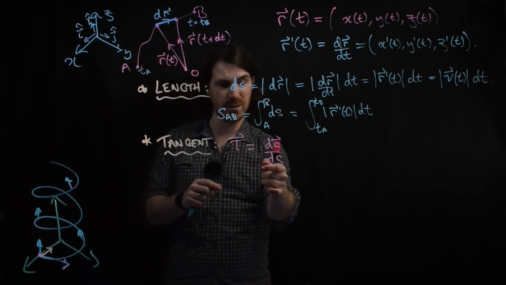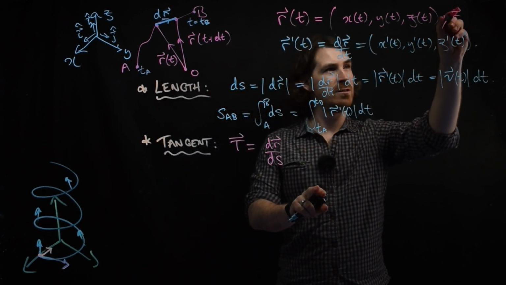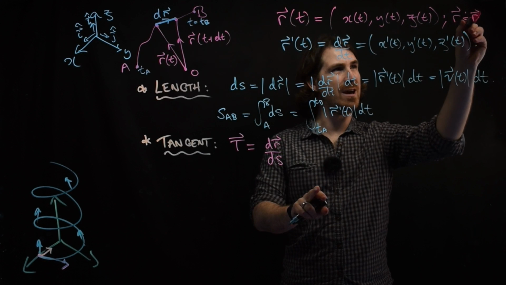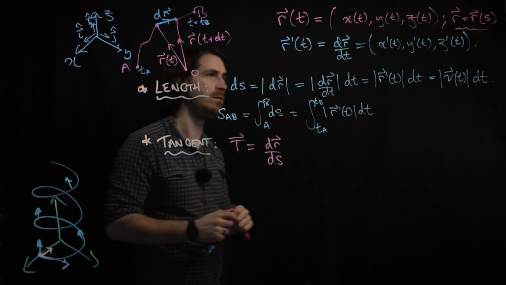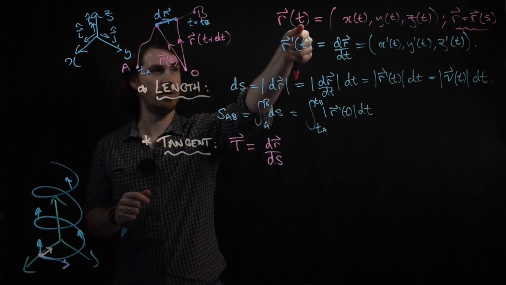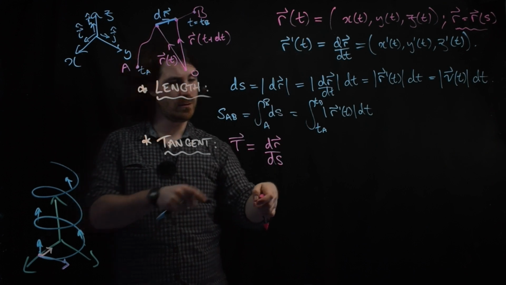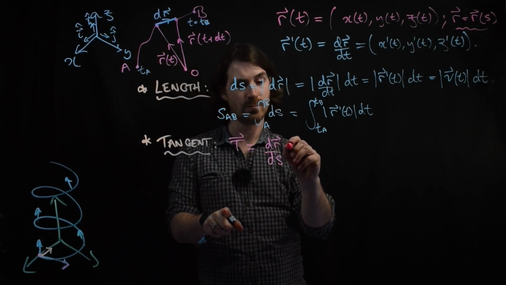But generally, we find it's quite difficult to get the curve parameterized in terms of this natural parameter, and typically we're just using the parameter t. So we want to convert from s to t.